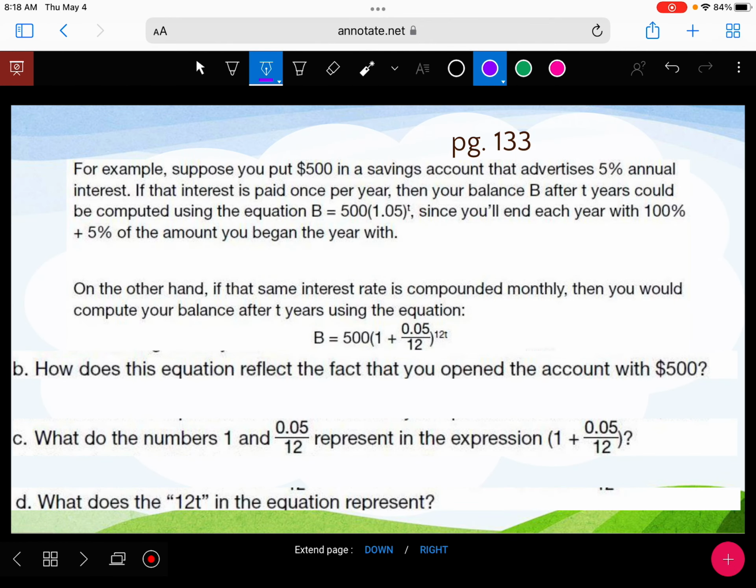Where in this equation does it show us that we open the account with $500? Our starting amount. We've got it right here. It's showing us that we started with $500.